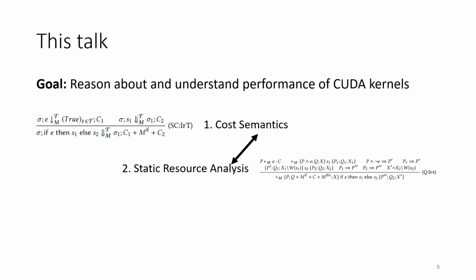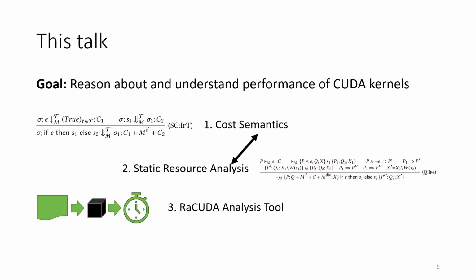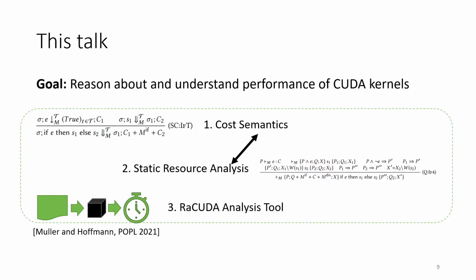I'll talk about this static resource analysis: static predictions of the performance of your code that attempt to approximate the model in our cost semantics. And so there's a formal correspondence between these two. This is implemented in an analysis tool that we call RaCUDA, for resource-aware CUDA. And all of this part of the talk is based on my POPL 2021 paper with Jan Hoffmann.